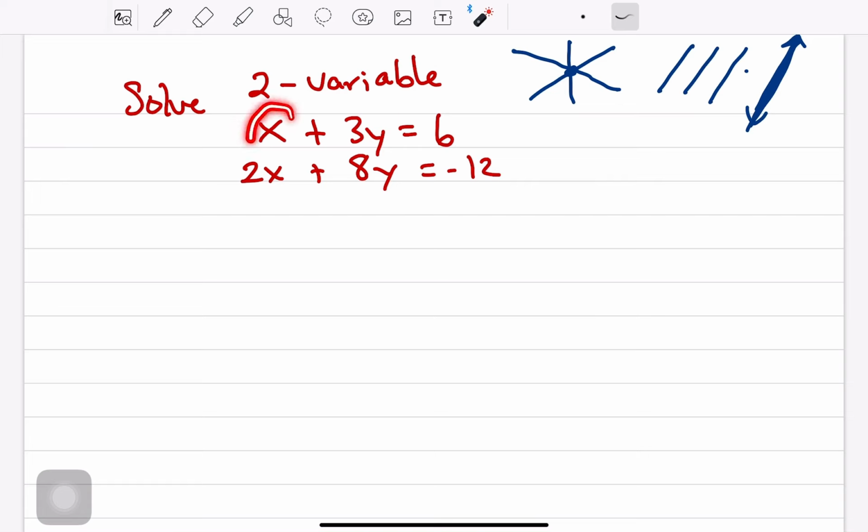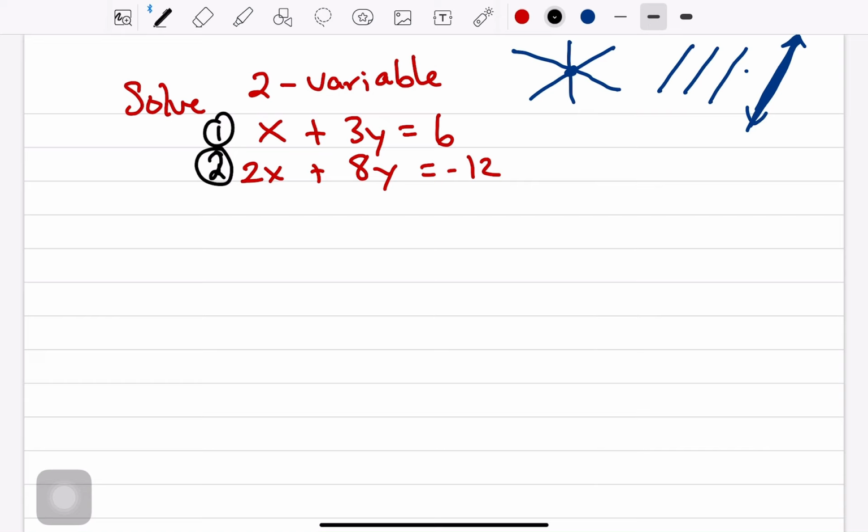So because I see x by itself, I want to focus in on x and get rid of just the x's. So to make things simple and uniform, I'm just going to label this as equation 1 and this one as equation 2. So in order to get rid of the x's, equation 1 has to have negative 2x, because if I add negative 2x to 2x, the x's will cancel out.